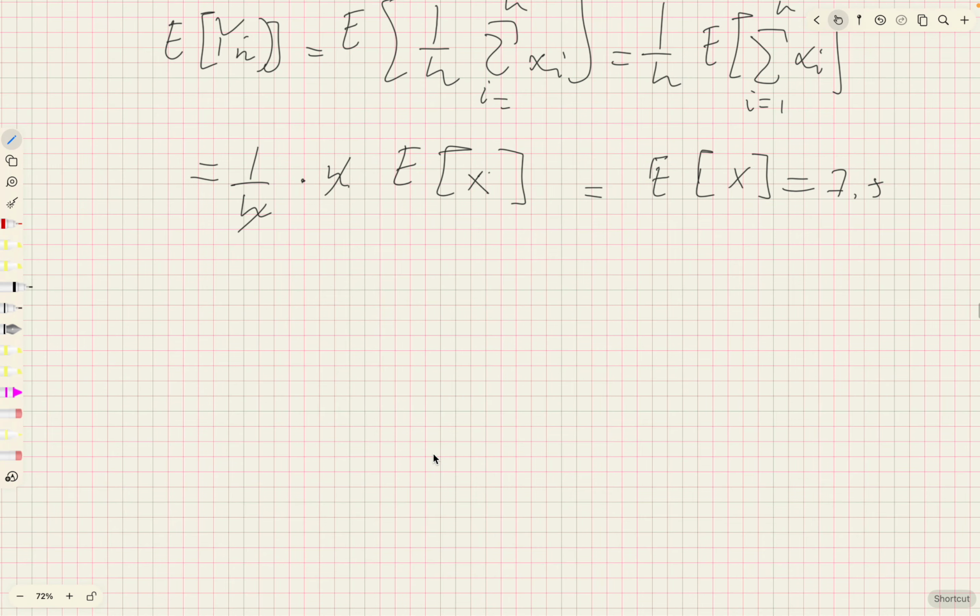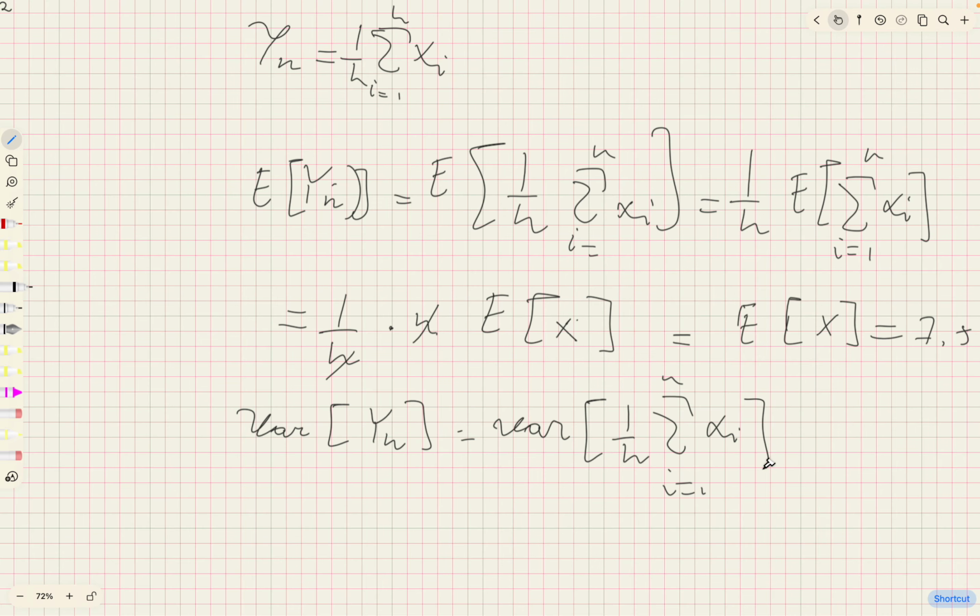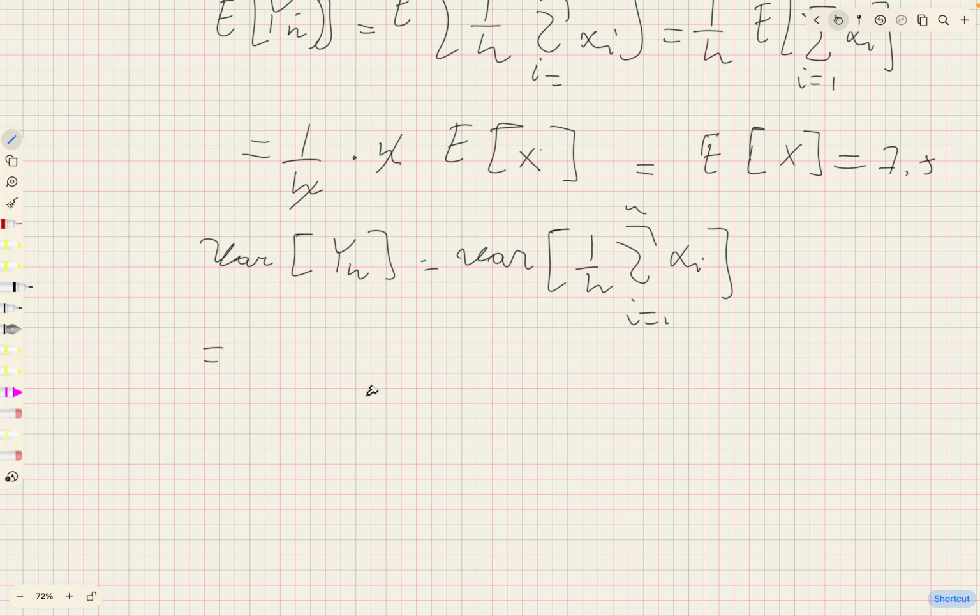But what about the variance? Let's see if it's also true for the variance, and let's take the variance of Yn, and then it's the variance of 1 over n times the sum of Xi. And as you know, the constant comes out of the variance squared, so we have 1 over n squared.